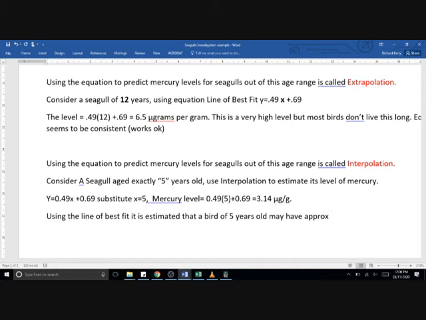I've used estimated and approximately in the same sentence.